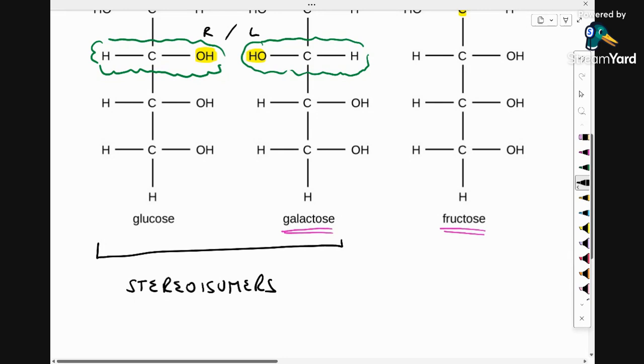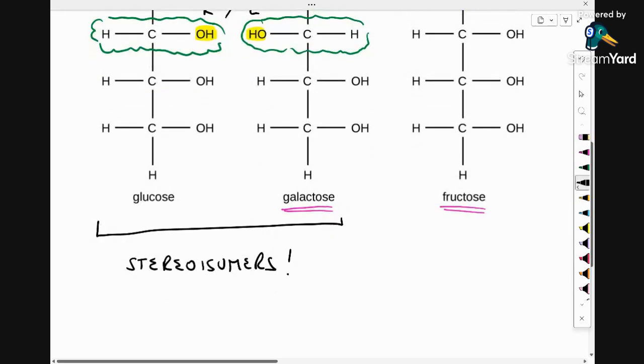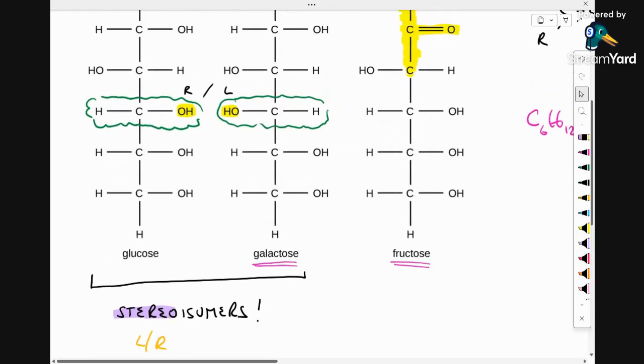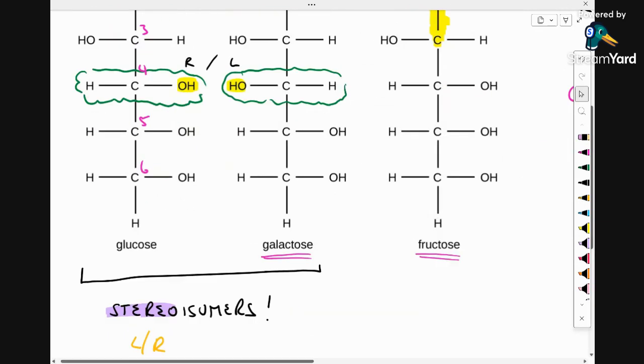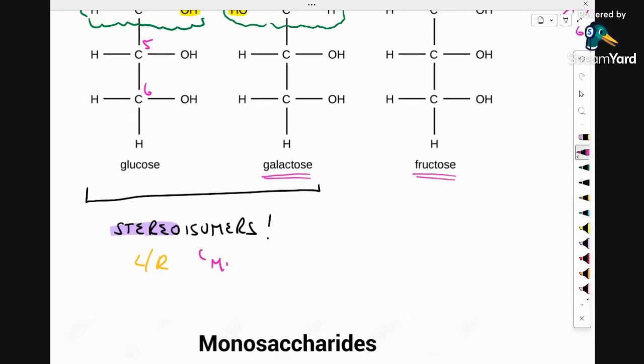That's how I remember it. Stereo, as in stereos have left and right inputs. Therefore, glucose and galactose, on carbon number 4 (don't forget 1, 2, 3, 4, 5, 6), we switch these around. So they are mirror images of each other.